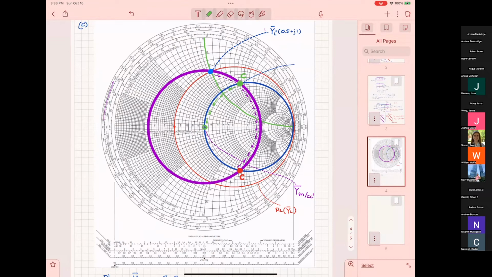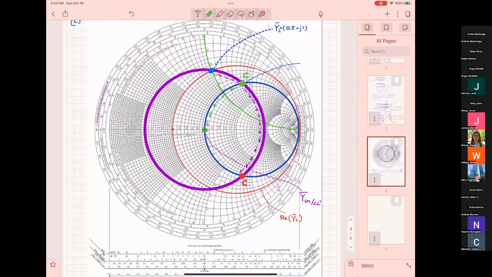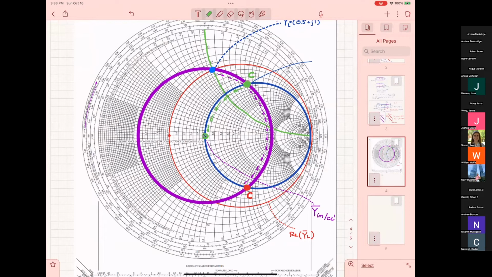To go to the center, the impedance here, and I can write it approximately, the point you see here on the green C is practically Y in at C prime plus. Normalized according to that, it will be 1 plus the reactive component of 1.6.